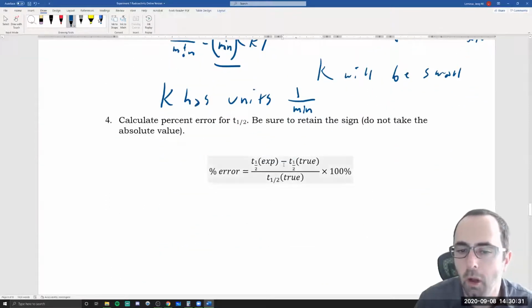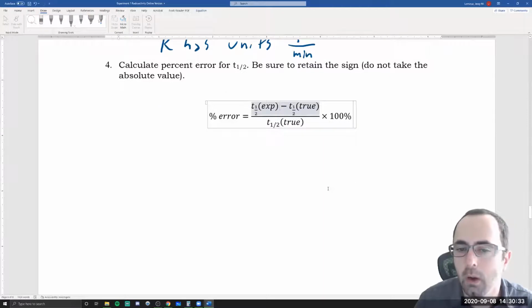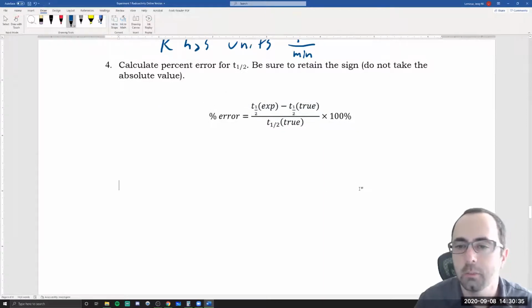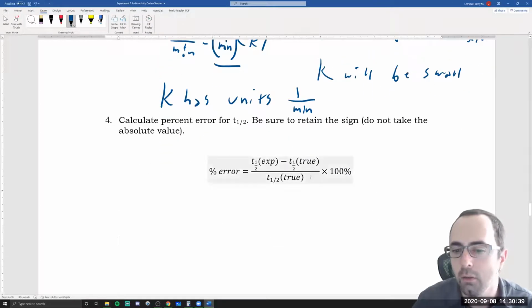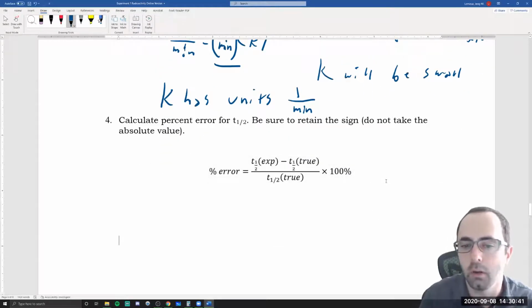Now for the next part, what we want to do is get the percent error. But to get the percent error, we need the half-life. So let me go ahead and get the half-life. I should have done that first.